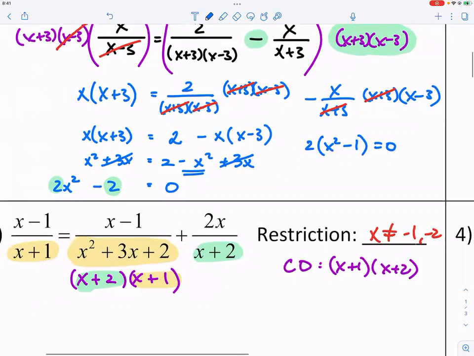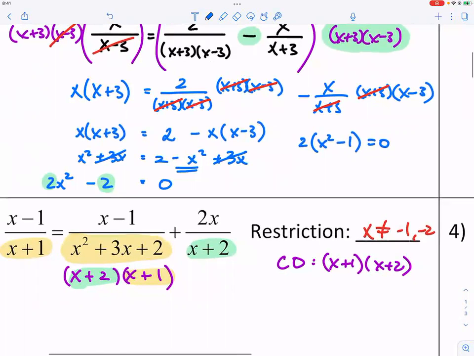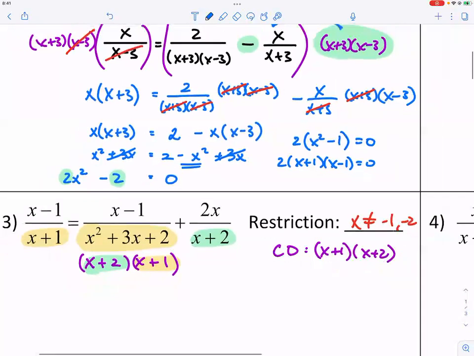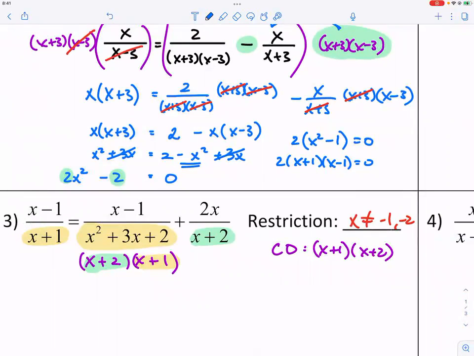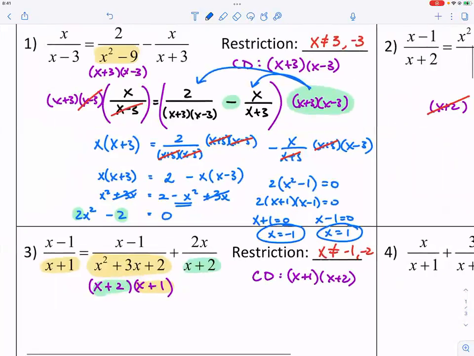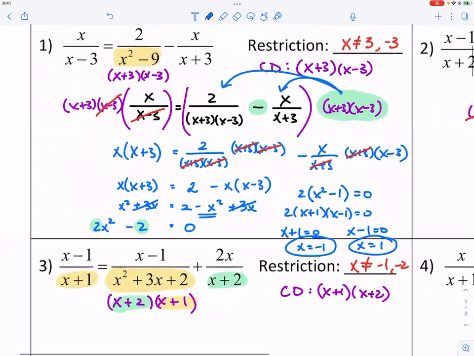And after you factor out, you will see x squared minus 1, which becomes x plus 1 and x minus 1. And to make it 0, you will have x plus 1 equal to 0, x minus 1 equal to 0. So x is equal to negative 1 and x is equal to 1. So you have these two answers, and they do not coincide with our restrictions.